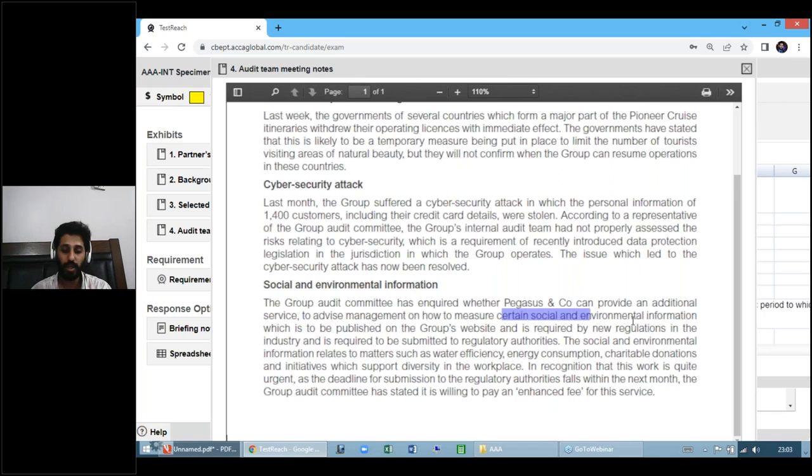It concerns how to measure certain social and environmental information, which is to be published on the group website, required by the new regulation, and required to be submitted to regulatory authorities. The information relates to matters such as water efficiency, energy consumption, and charitable donations which support diversity in the workplace. This work is quite urgent. The deadline is perceived to be an intimidation threat. Authorities fall within the next month. The group audit committee has stated that it is willing to pay an enhanced fee for these services.